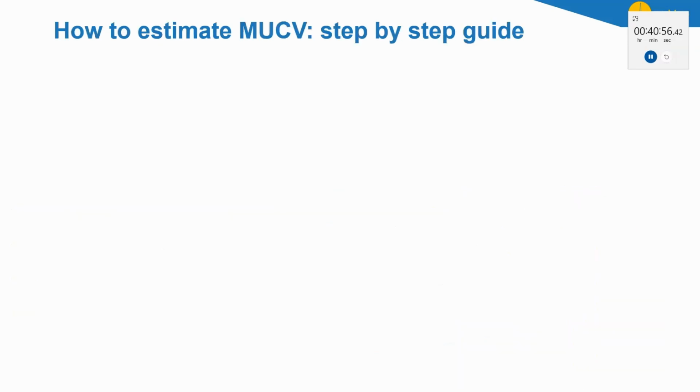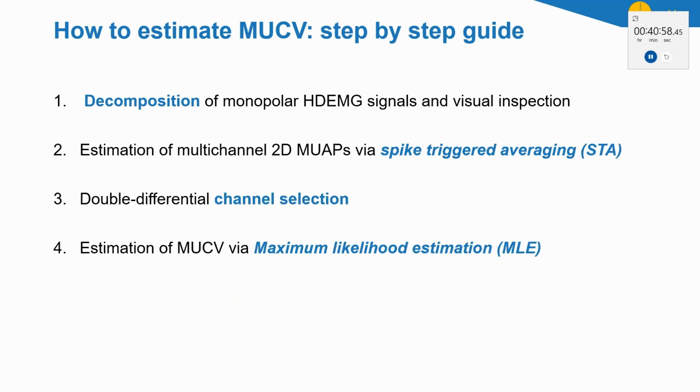How do we estimate conduction velocity? There are 4 basic steps. I will not cover the first one because Giacomo has already discussed decomposition and visual inspection. So let's imagine we have recorded our surface EMG signal, have run the decomposition, and have visually inspected the results according to the guidelines.